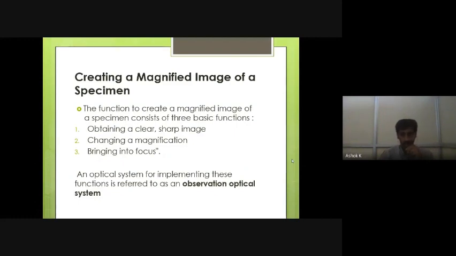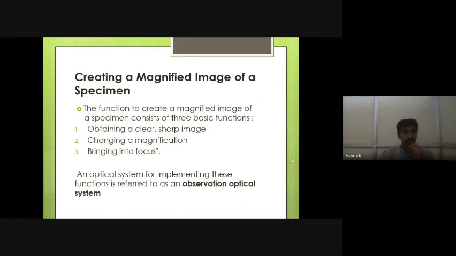The main reason we magnify the image is to get a clear and sharp image. If some defects are not clear to us, we need to magnify, so that we can see the minute or micro-sized defects present in the sample.